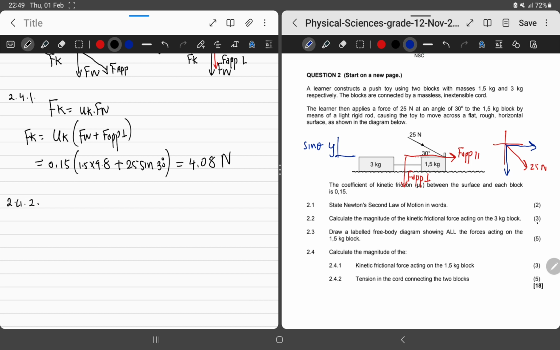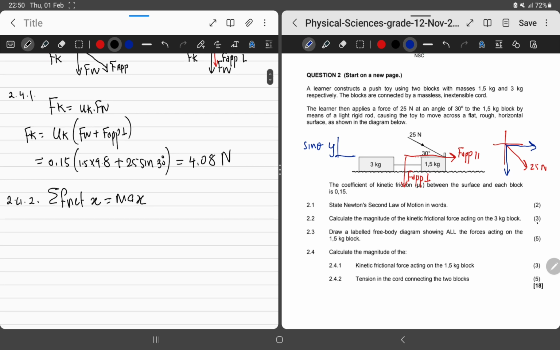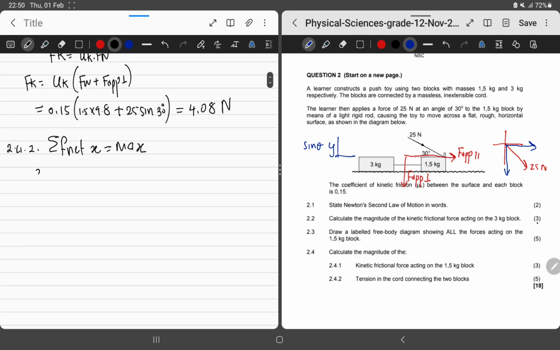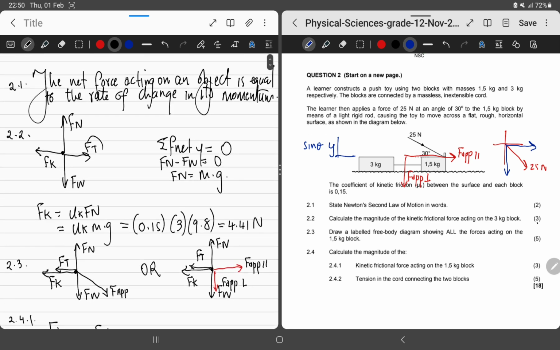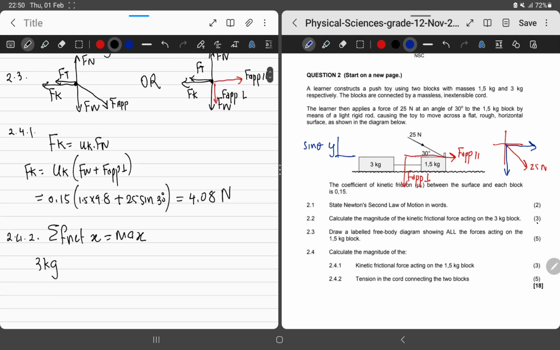2.4.2. They want the tension in the cord connecting the two blocks. That is motion in the x-axis. The sum of the forces acting on the x is equal to ma. Now we'll start with the 3 kilogram block. We have the force of tension. We also have Fk.